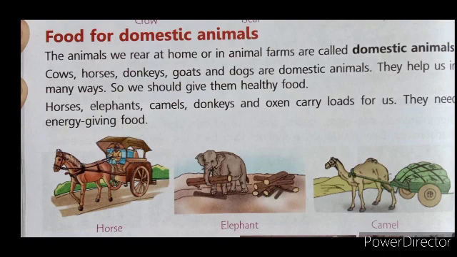Horses, elephant, camel, donkeys and oxen are used to carry load. So these animals need energy giving food as they carry heavy loads. So children, we should also take care of animals as they are very useful to us and we are getting many things from animals.